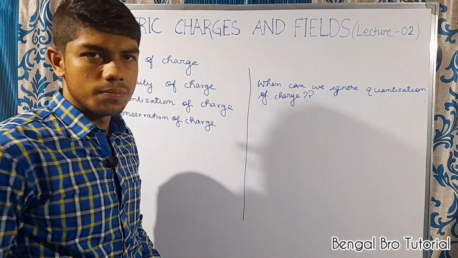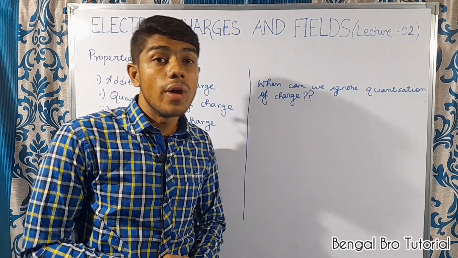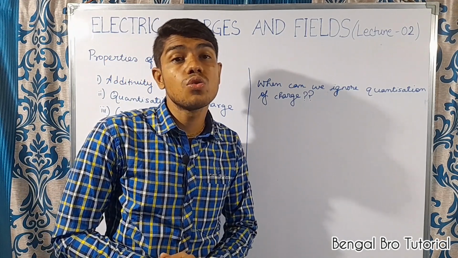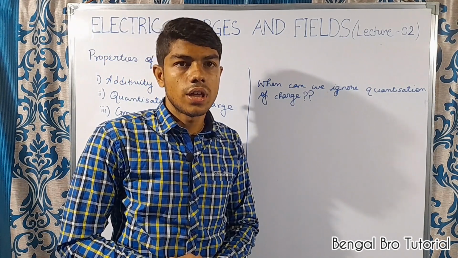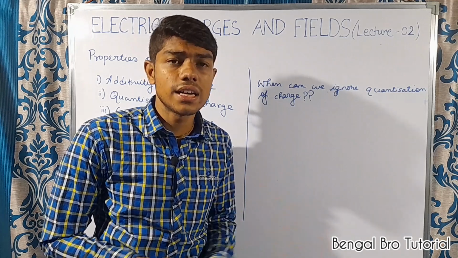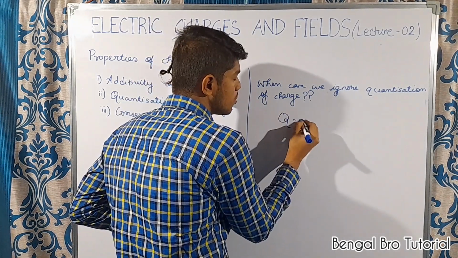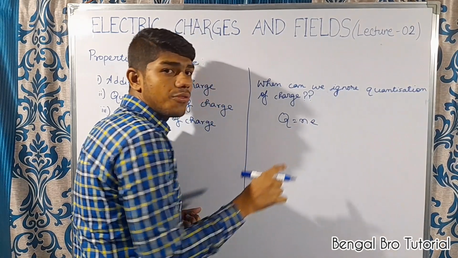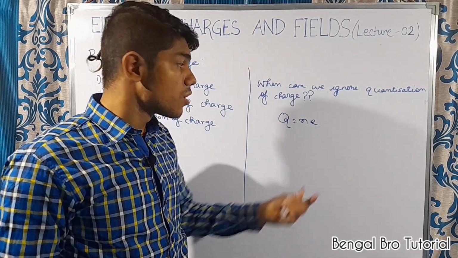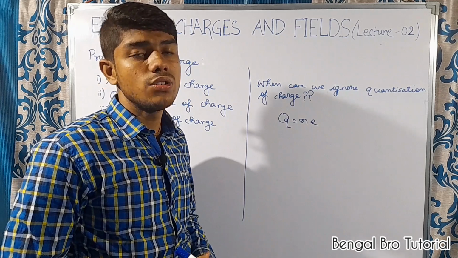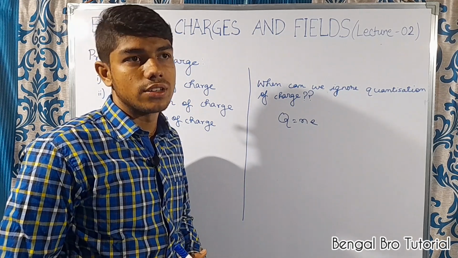We can ignore this property when we are dealing with macroscopic charges. In most practical situations, in q equals ne, the value of n is so large compared to the magnitude of charge present in one electron.